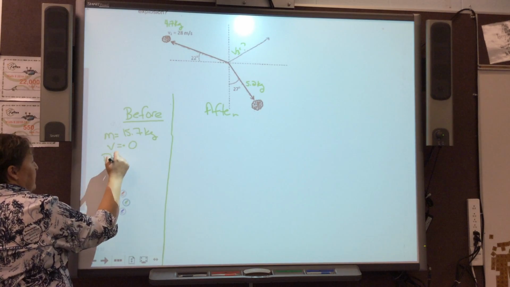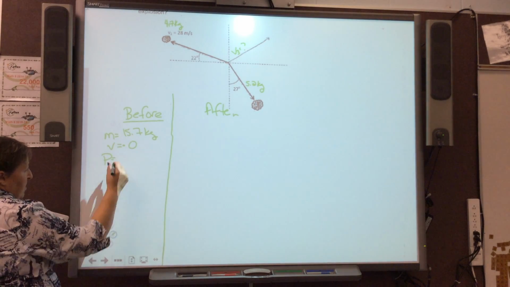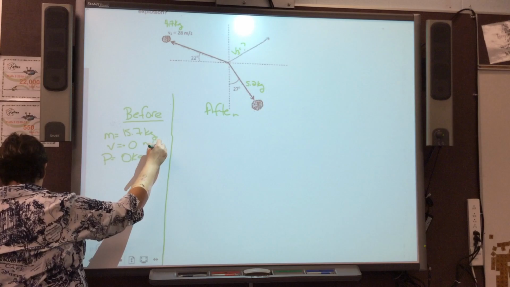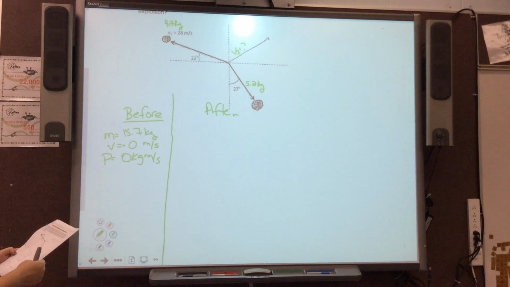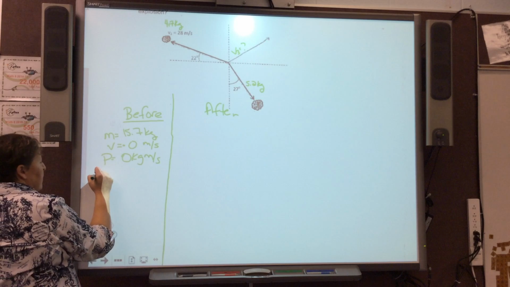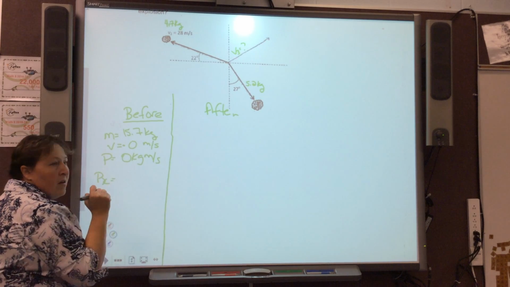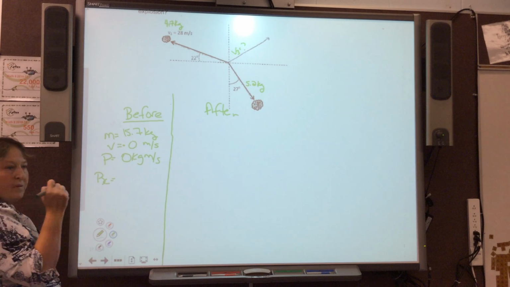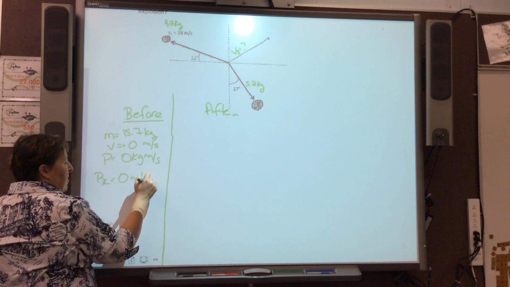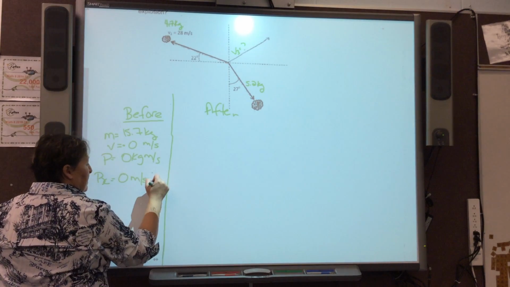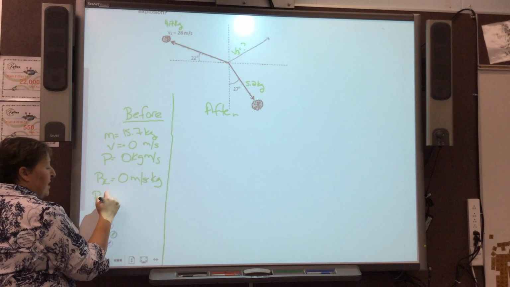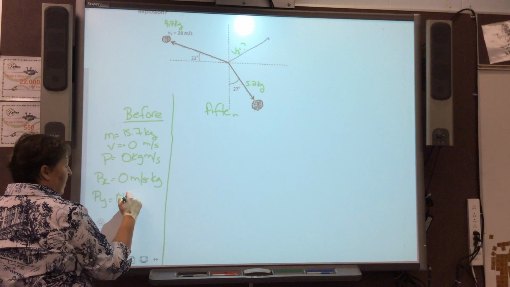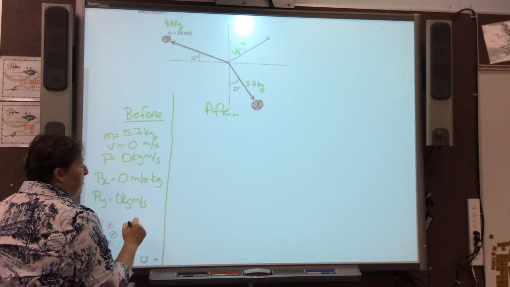So that means that our momentum equals 0. Okay, and so then our P in our x direction is 0 because it was stationary. I'm going to write this backwards. And then our P in our y direction, 0, because it was stationary.